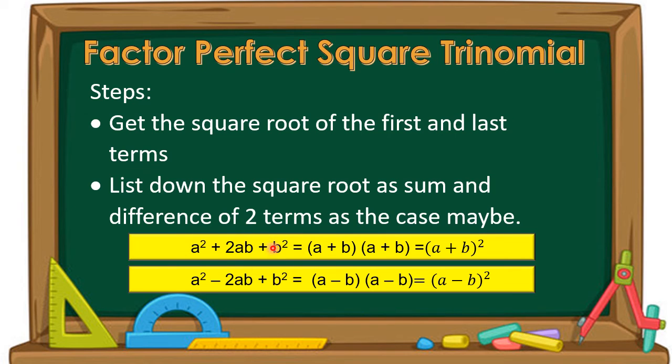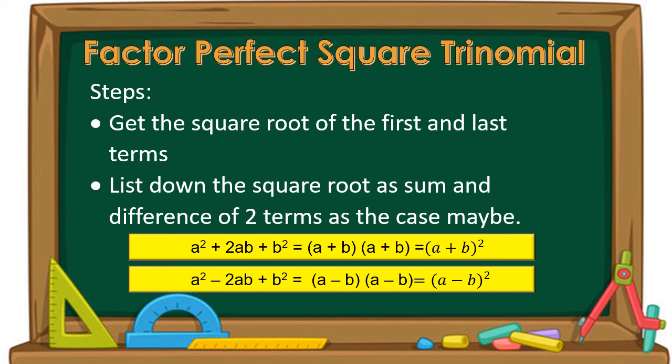So the first one here is if we have a plus here, then the factors will be both addition, or you may write this down as a square. And if the operation here is minus before the plus one, meaning both binomials will be difference. And that is a difference of 2 squares.